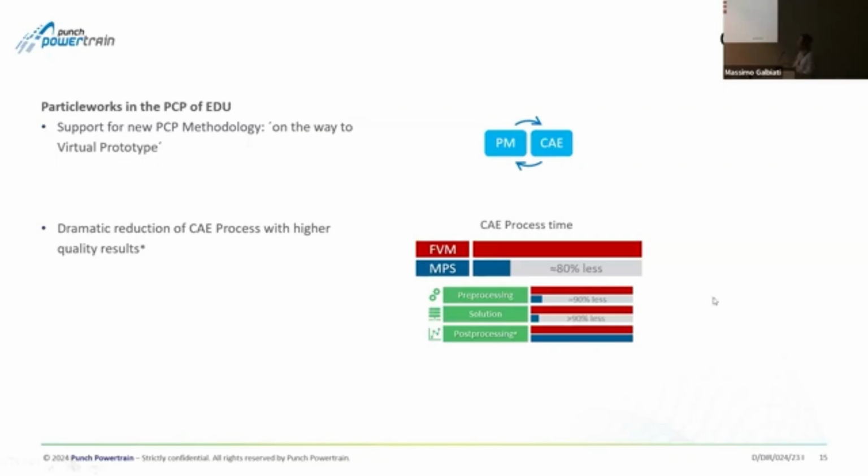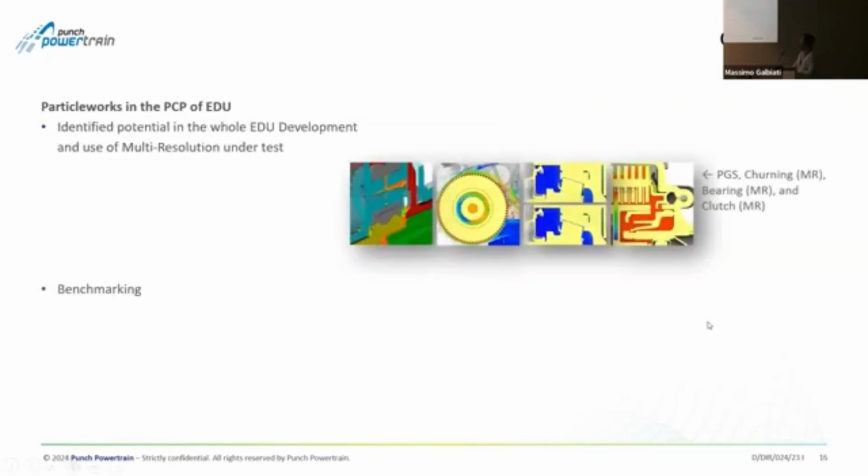Last but not least, we are continuing forward. I am using Particleworks also for PGS.